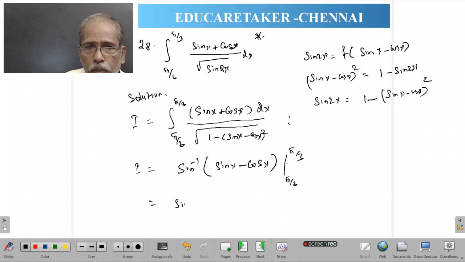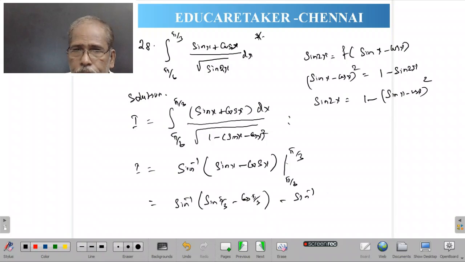Then sin inverse of the upper limit, sin pi by 3 minus cos pi by 3, the same result will come, minus sin inverse of sin pi by 6 minus cos pi by 6.